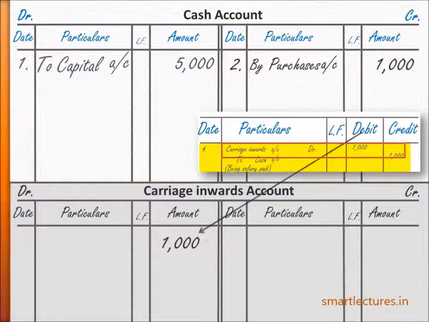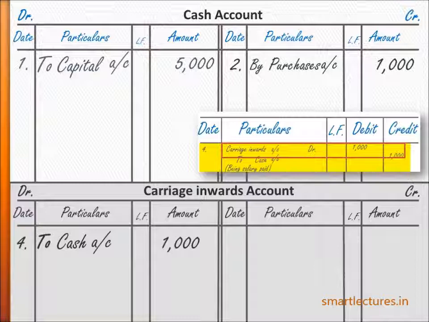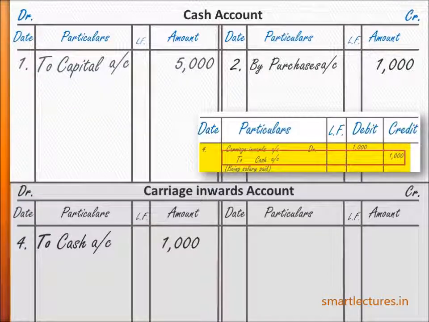So the date will be 4, and what will be the narration? To cash account, because when carriage inward was debited, the opposite account was cash. I have written to cash account. Now cash account has been credited by rupees 1,000. Come to the credit side of cash account, and on credit side, please write down rupees 1,000.